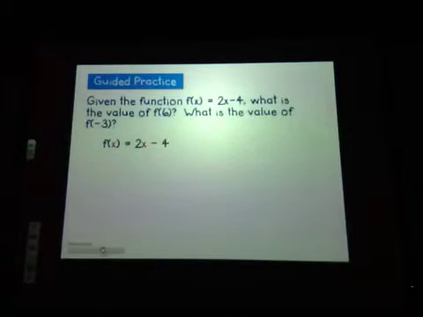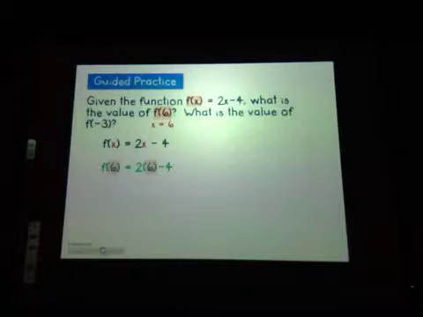I know I have to evaluate the function f of x equals 2x minus 4. The first time I want to evaluate it, it's for f of 6. Well, if I take a look at f of 6 and I compare that to f of x, I notice that x is equal to 6. So each time in my function rule where I see an x, I'm going to replace it with a 6.